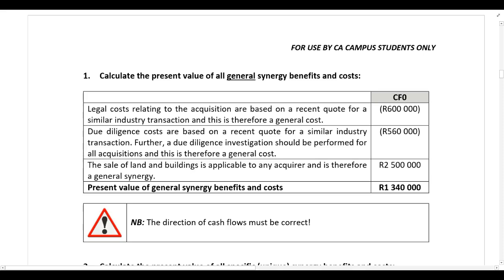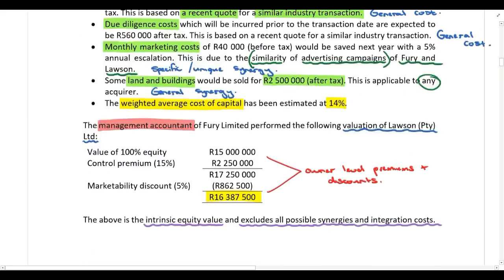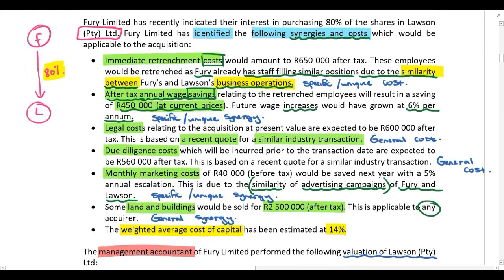First, I want you to calculate the present value of all general synergy benefits and costs. So ignore the specific or unique synergy benefits and costs for now. We are just focusing on general synergy benefits and costs. So if you go back to the information provided in the question, we already marked everything off.